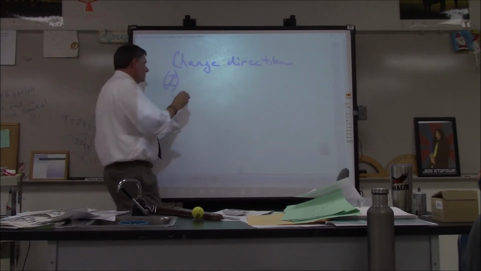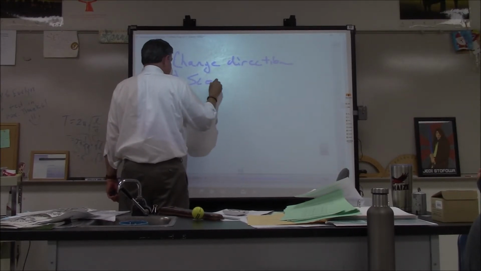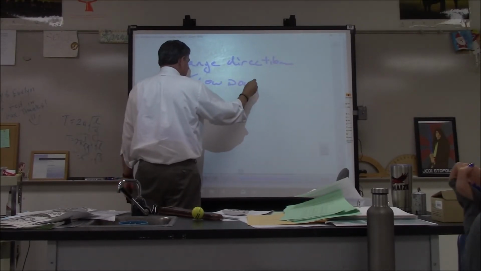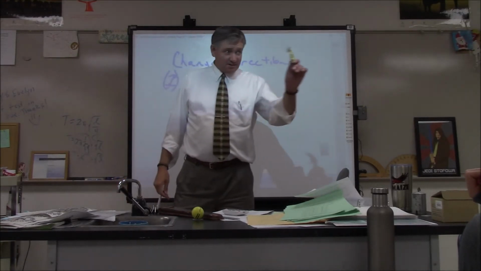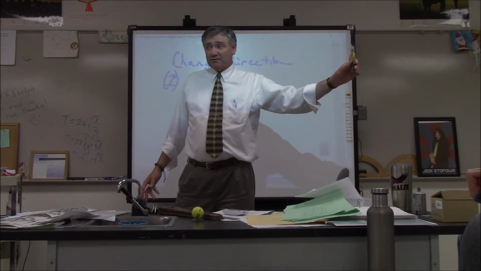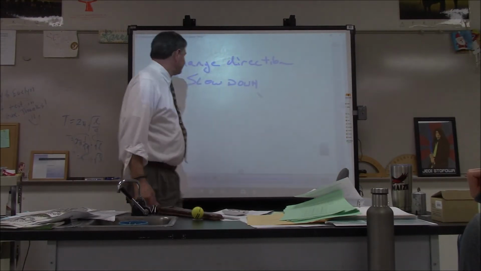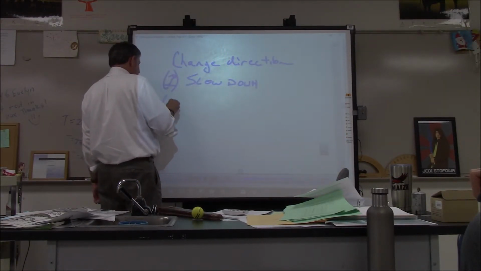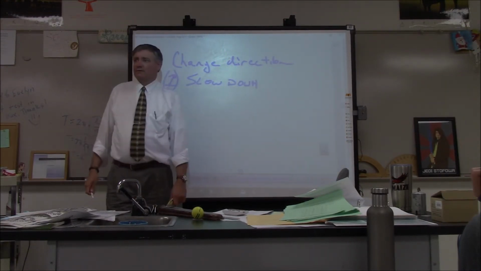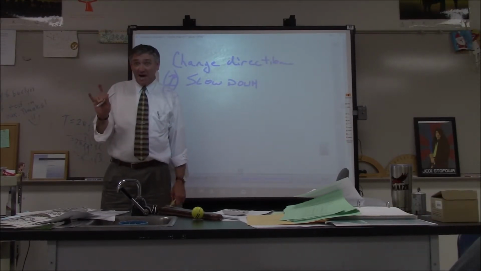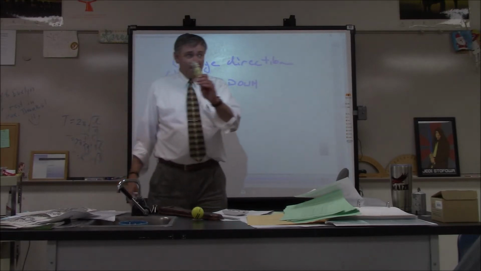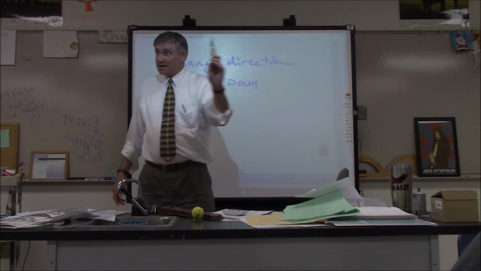You've got to slow down, because if Al is going in this direction and he's going to change direction, he has to slow down. What's the second thing you're going to have to do? You've got to stop, because if you're going here, you've got to come back in this direction.